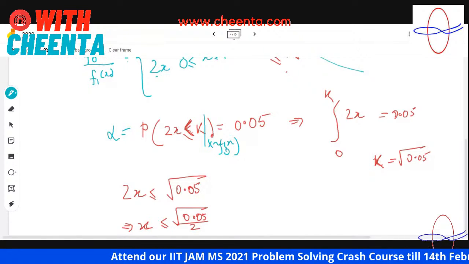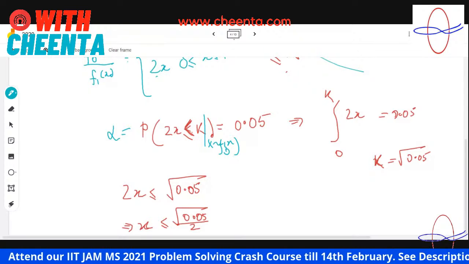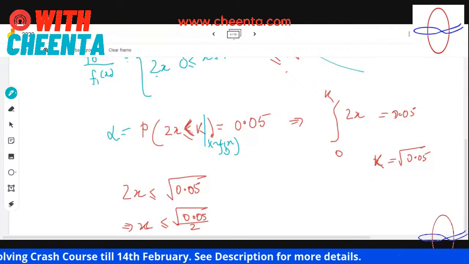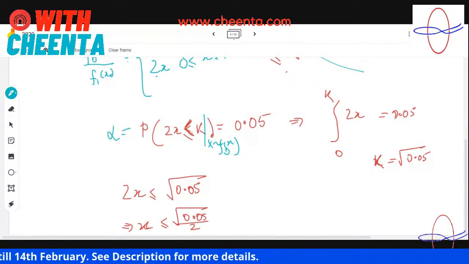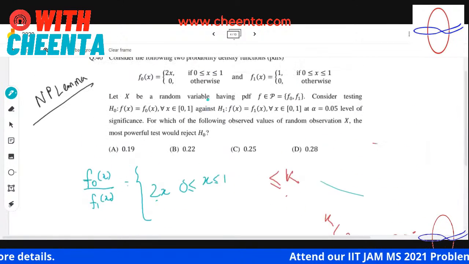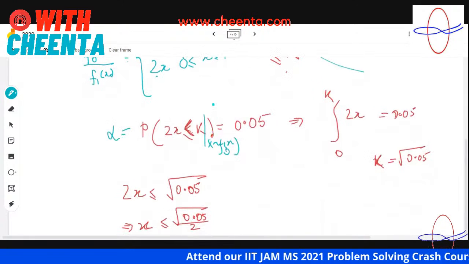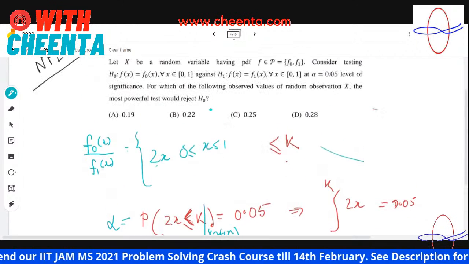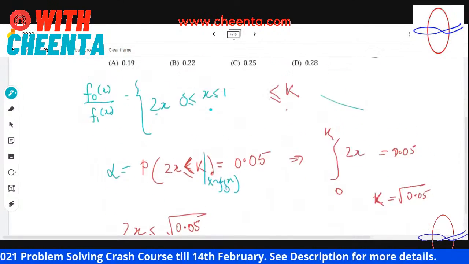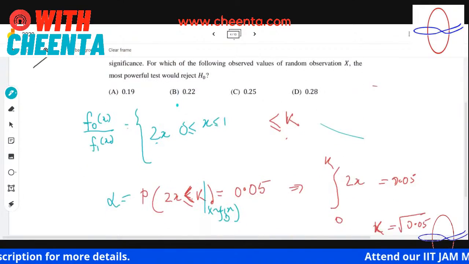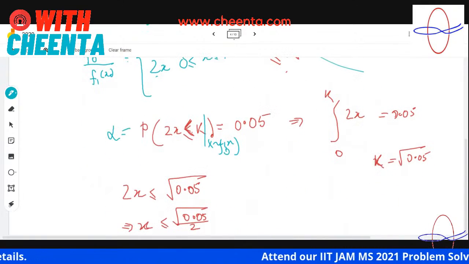Square root of 0.05 divided by 2. Have I done some mistake? 0.05 by 2 is coming out to be, anyways, it will come out to be, I think it's okay. So let's check this. Okay, I think it's a calculation error.